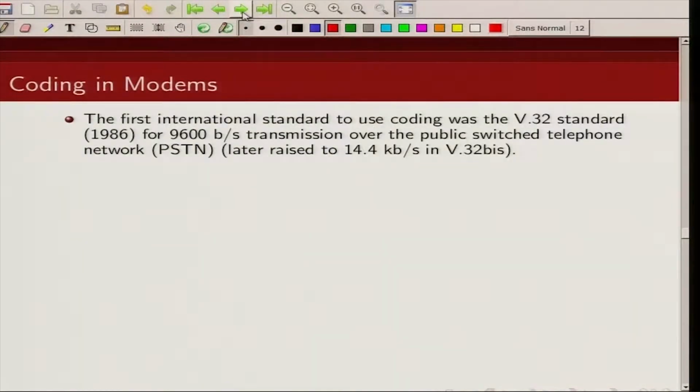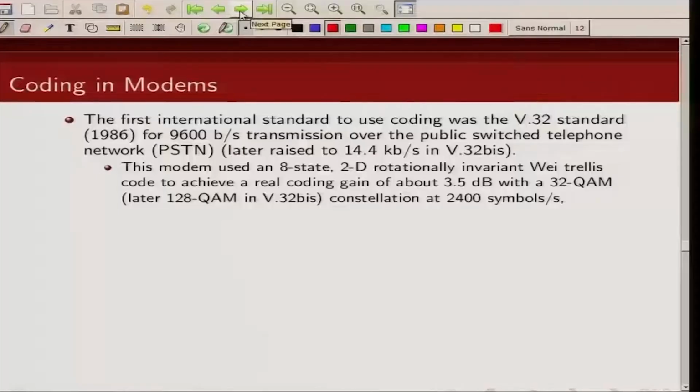Now, another area where error control coding and convolutional codes made a major impact was in coding for modems. Around the mid 70s, Ungerboeck came up with how to combine coding and modulation, and he came up with trellis coded modulation, and these codes were heavily used in designing coding schemes for data transmission, basically over the public switched telephone network.